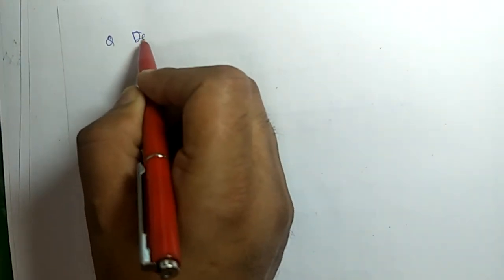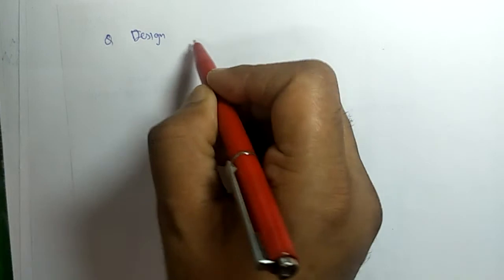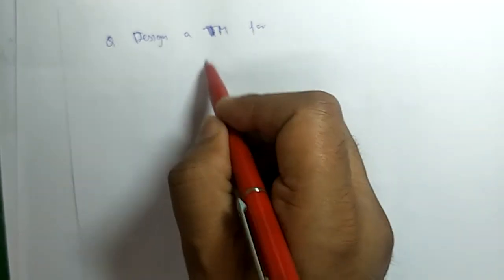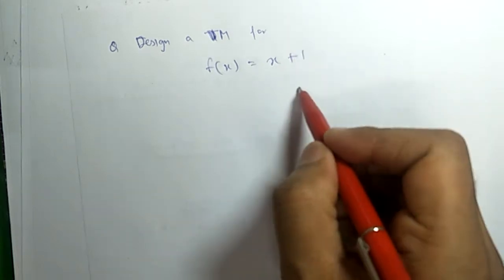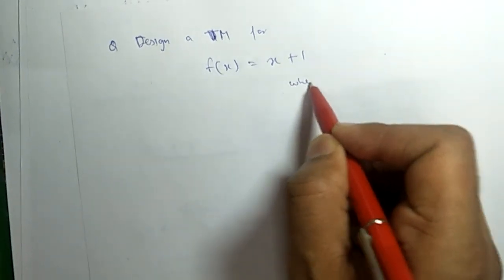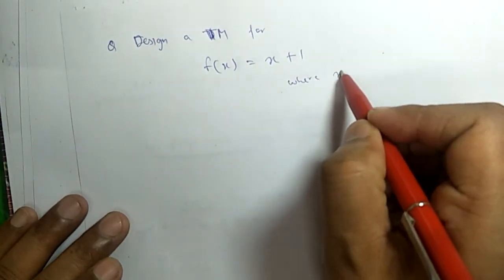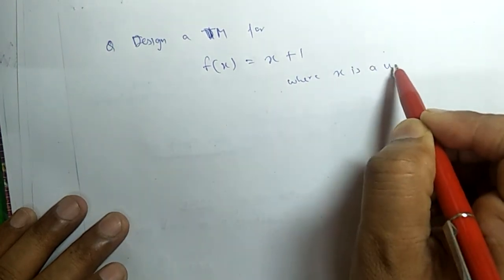So let's look at another Turing machine. Design a TM for f(x) = x + 1, where x is a unary number.